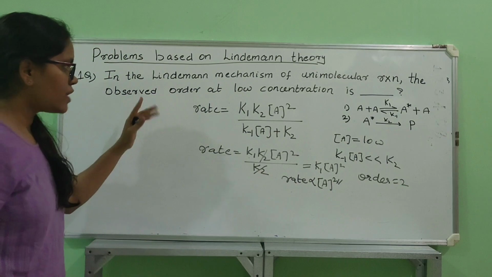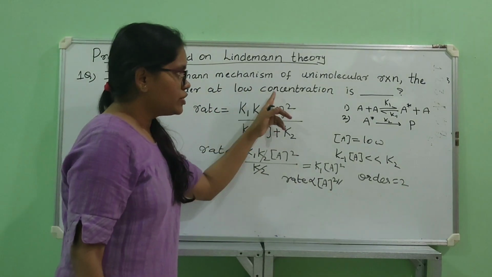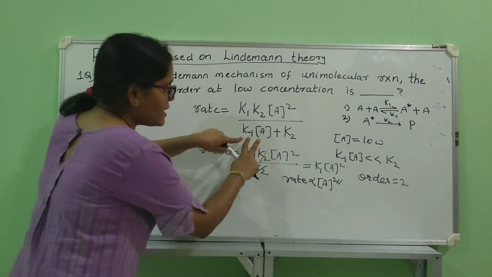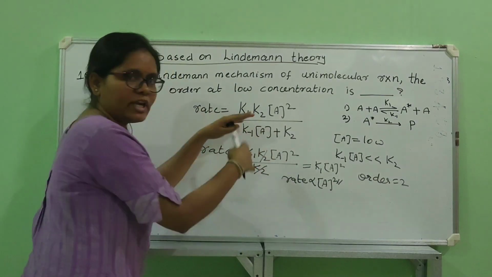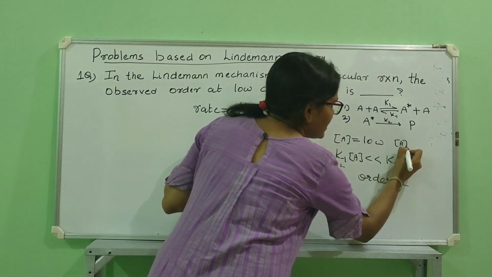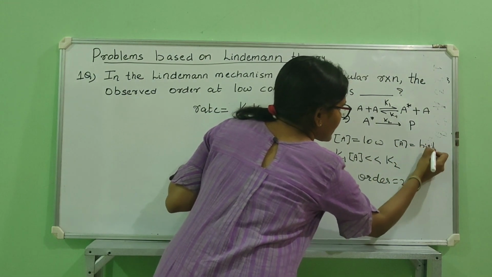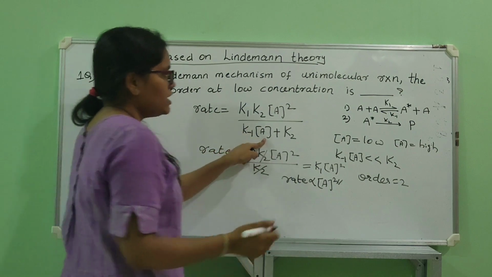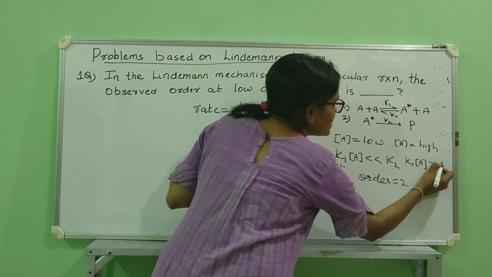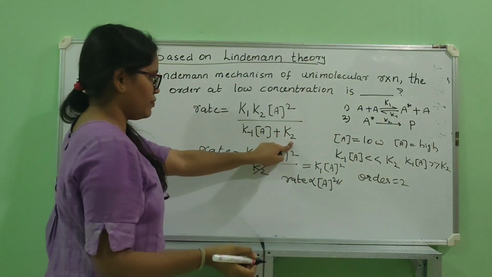Suppose if you are asked to find the order of the unimolecular reaction at high concentration, what will you do? At high concentration, this term will be high. So at high concentration, when A is high, K minus 1 into A will be far greater when compared to K2.